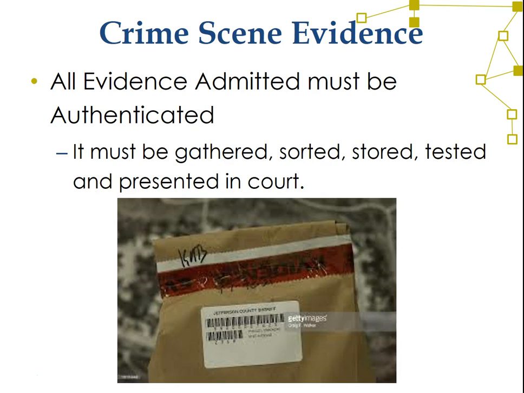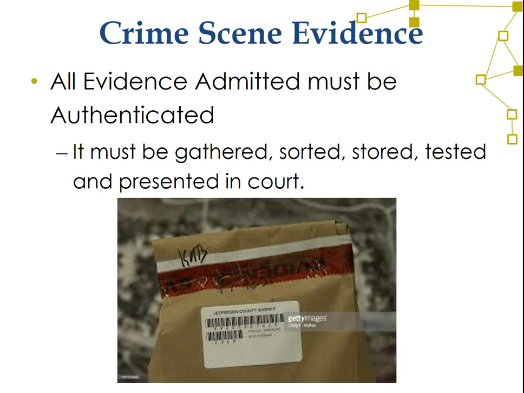Now, as it relates to crime scene evidence, all items that are admitted as exhibits must be authenticated, which means shown to be genuine. And to authenticate evidence found at the crime scene or during other parts of the investigation of the case, it is necessary to show that the item is the same one described by the witness. Now that makes sense, right?